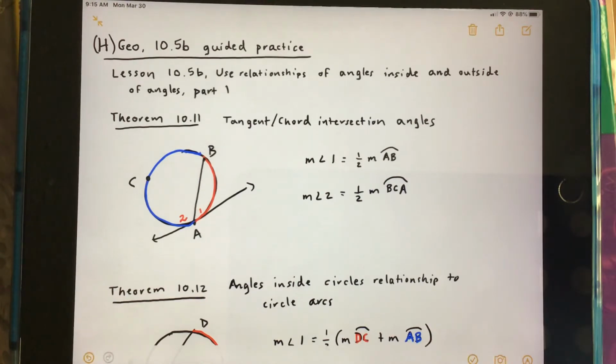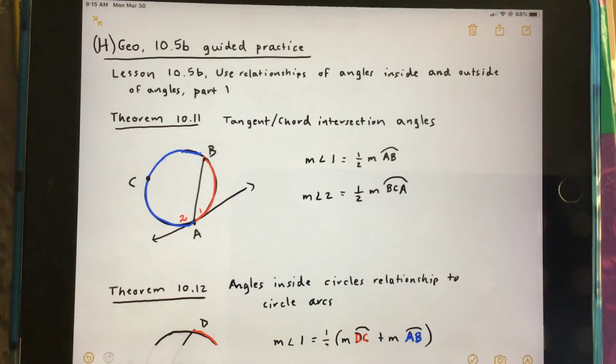Theorem 10.11 talks about the relationship of an angle that is formed with a tangent line and a chord, and how it relates to its related arc.